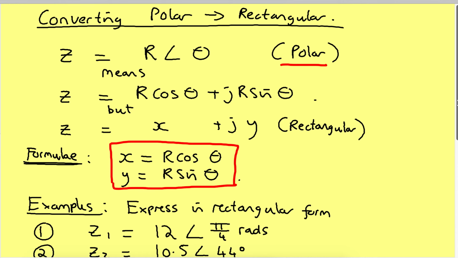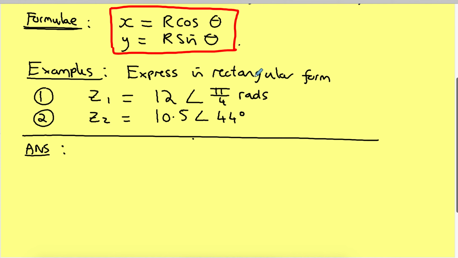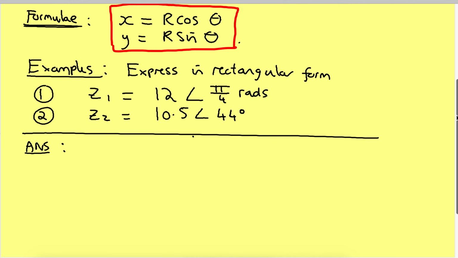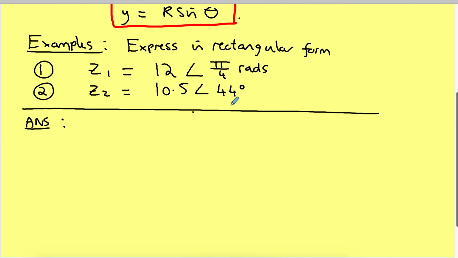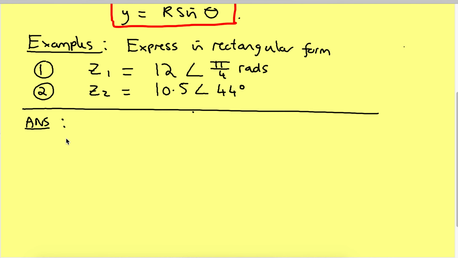Right, so here's some examples. It says express in rectangular form Z1, which is 12 at an angle of pi by 4 radians, and Z2, which is 10.5 at an angle of 44 degrees. Now, it's dead straightforward. So, let's look at number 1. So, x equals r cos theta.